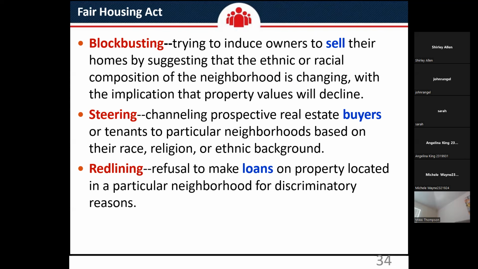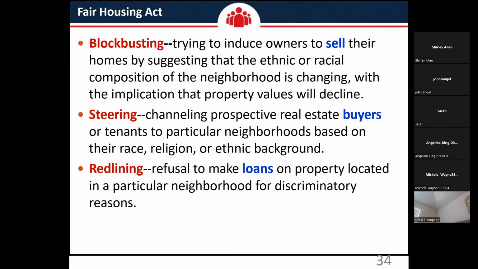Blockbusting is also called panic selling. That's another word for blockbusting, in case there's a test question that says, what is another word for blockbusting? Panic selling is trying to induce owners to sell their homes by suggesting that the entire ethnic or racial composition of a neighborhood is changing, with the implication that the property values will decline.